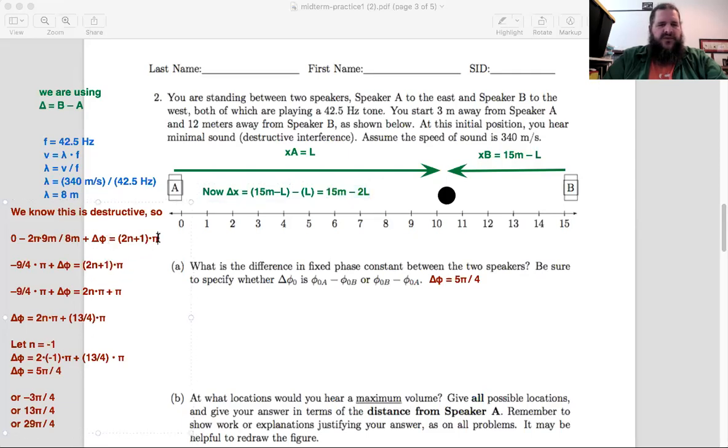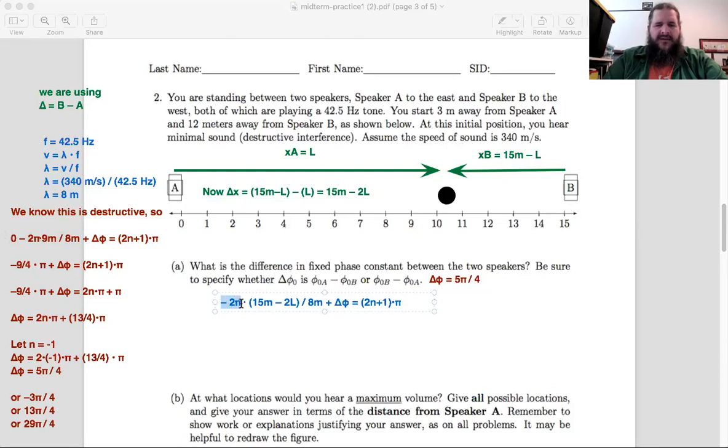So using that, let's try using the exact same delta total phase equation, with some changes. Instead of 9 meters as delta X, we're going to have 15 meters minus 2L for delta X. The time term doesn't matter because we're still having waves arriving at the same time and they both have the same frequency.